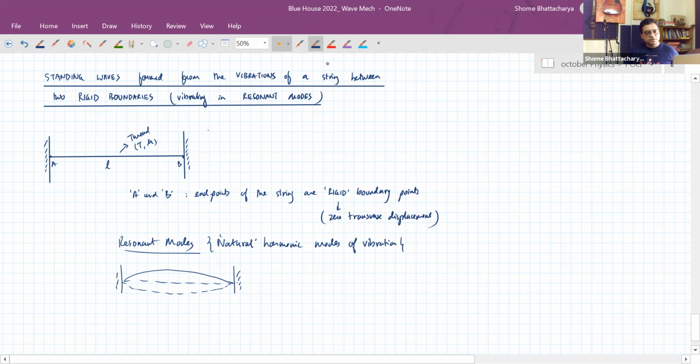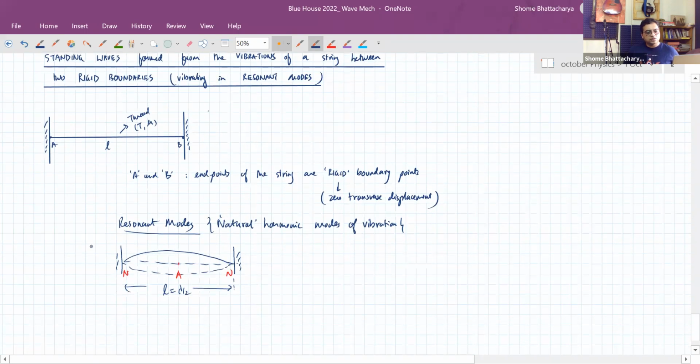So these can either be like this, where these 2 points are nodes and the midpoint is an antinode. So the length of the string L becomes the distance between two consecutive nodes. Okay. So this is called the fundamental mode.